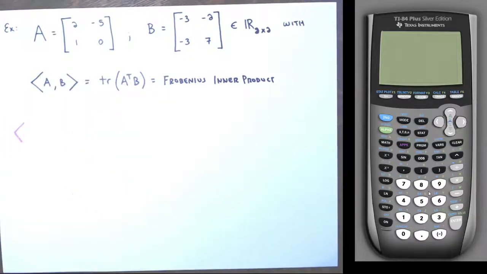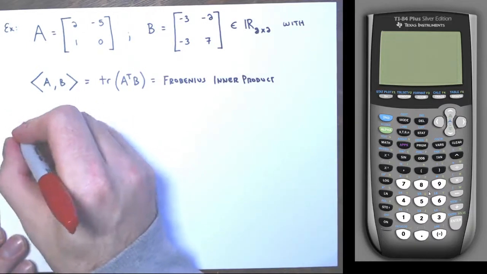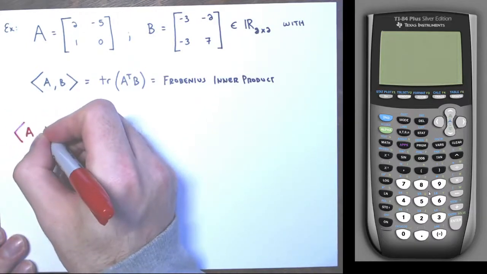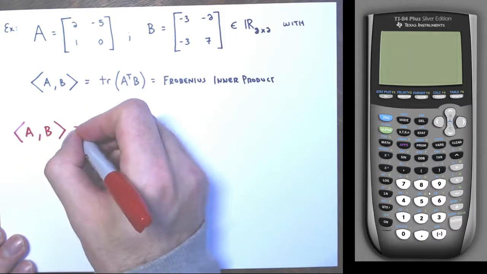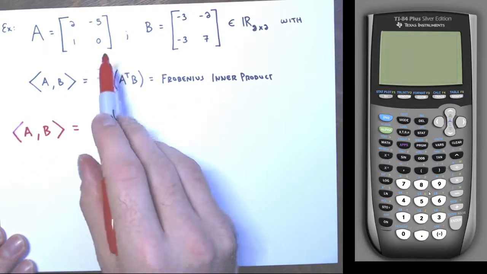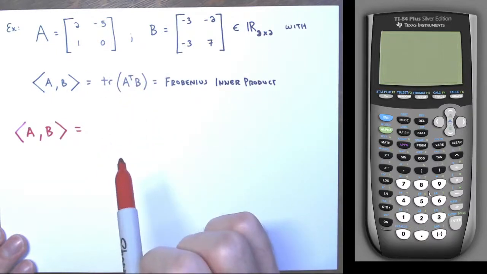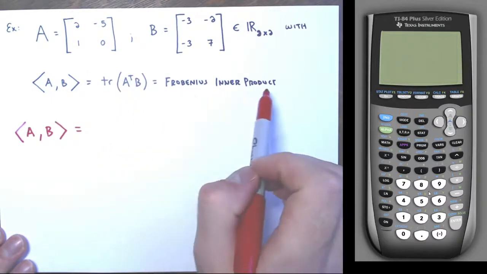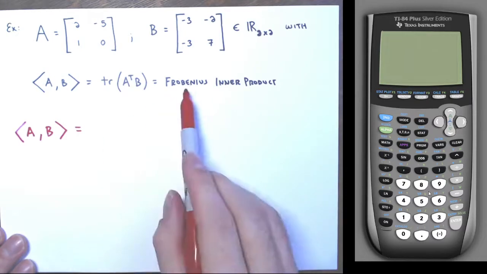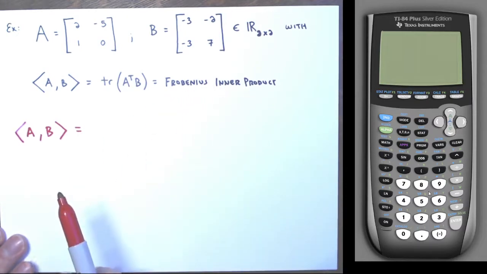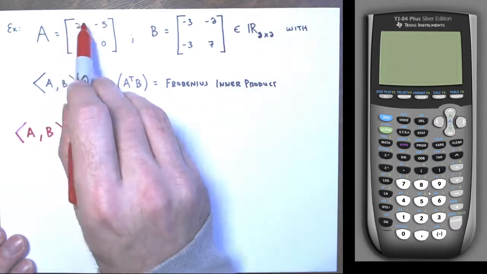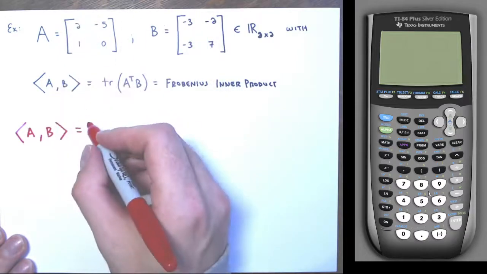All right, so what's the inner product of the matrix A and the matrix B? Like I said, you can find what A transpose times B is and then just add up the main diagonal entries. You can do that if you want, or it'll give you the same result as performing this Frobenius inner product on matrices, which is just multiply the corresponding entries of A and B and add them up.